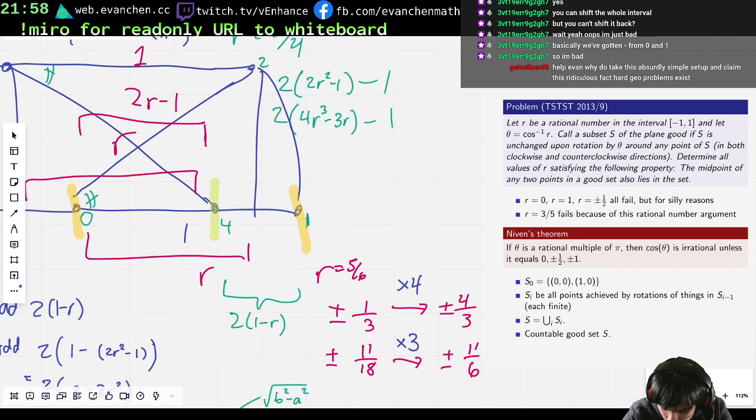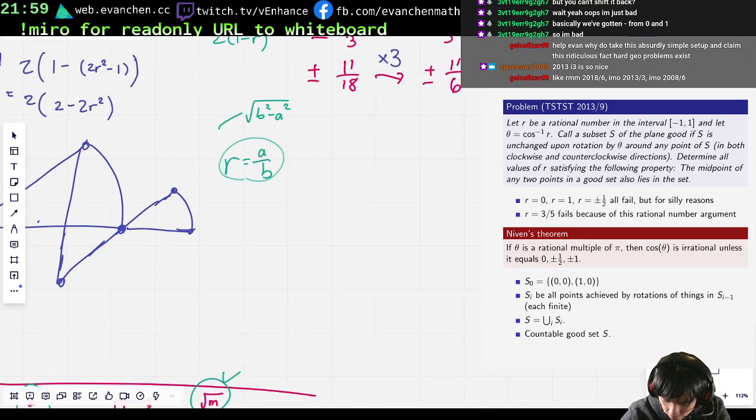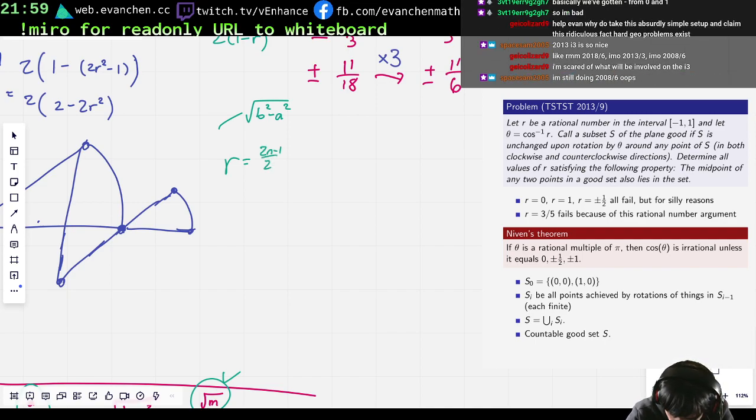So if r equals A over B, then I can shift by plus minus A over B. Sorry, what am I talking about? 2n minus 1 over 2n is the ones that we think we can actually construct. So I can shift by plus minus 2 over n.